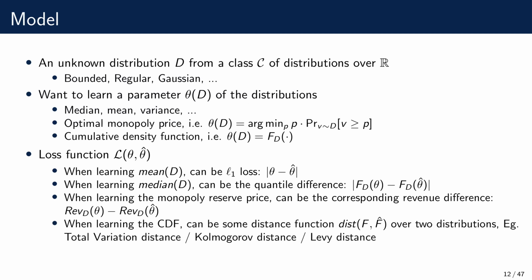When learning the median of the distribution, the loss function can be the quantile difference, meaning the difference between the quantile of the estimated median and the quantile of the true median, which is exactly 1/2. When learning the optimal monopoly reserve price, the loss function can be the corresponding revenue difference between the estimated monopoly price and the optimal price. When learning the entire distribution, it can be some distance function between two distributions, such as the total variation distance, the Kolmogorov distance, or the Levy distance.